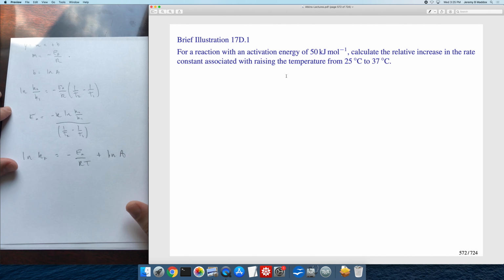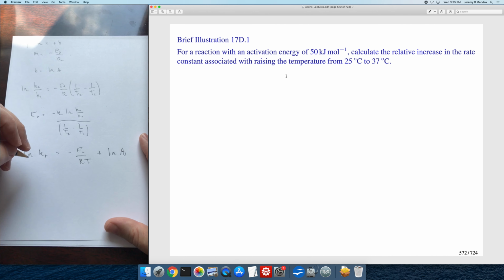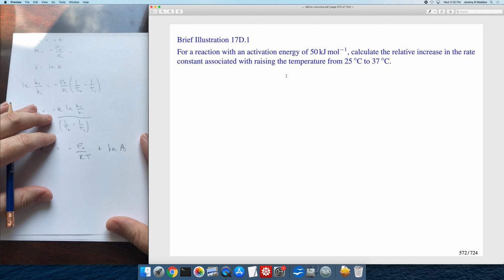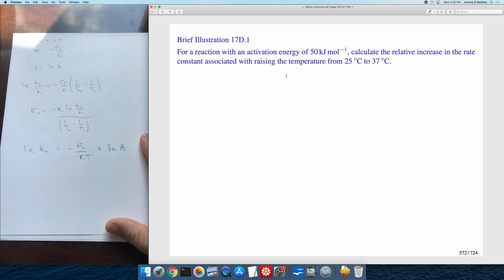Here they want us to suppose that we've got a chemical reaction that has an activation energy of 50 kilojoules per mole. They want to know what's the relative increase in the rate constant. What you should do is to take the 2-point Arrhenius equation and then exponentiate both sides.